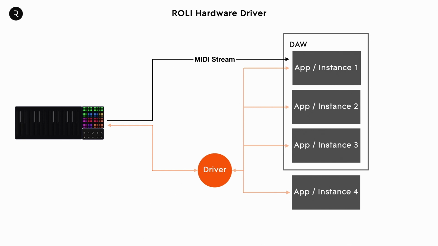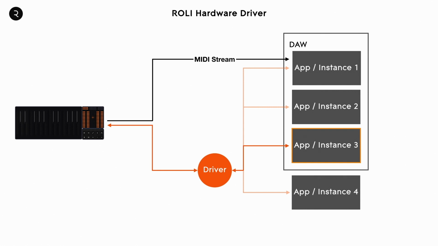So for instance here, I could go to app instance 1 and I'm configuring an XY pad onto the hardware. I then go to my second plugin window and I'm controlling some faders there. I then go to the third one and I'm controlling the ARP. But we also introduced a new feature, which we'll show in the demo, where we can lock specific elements of the ecosystem to different instances too.